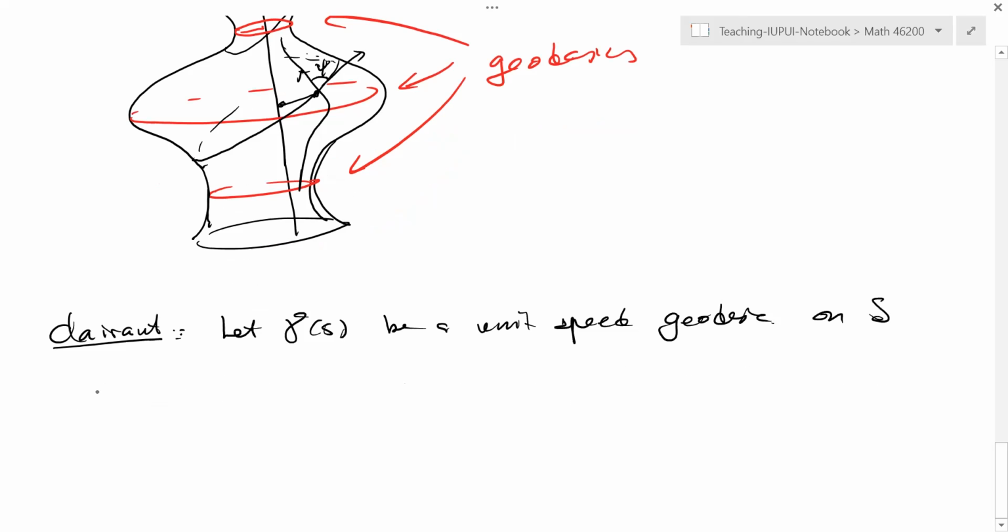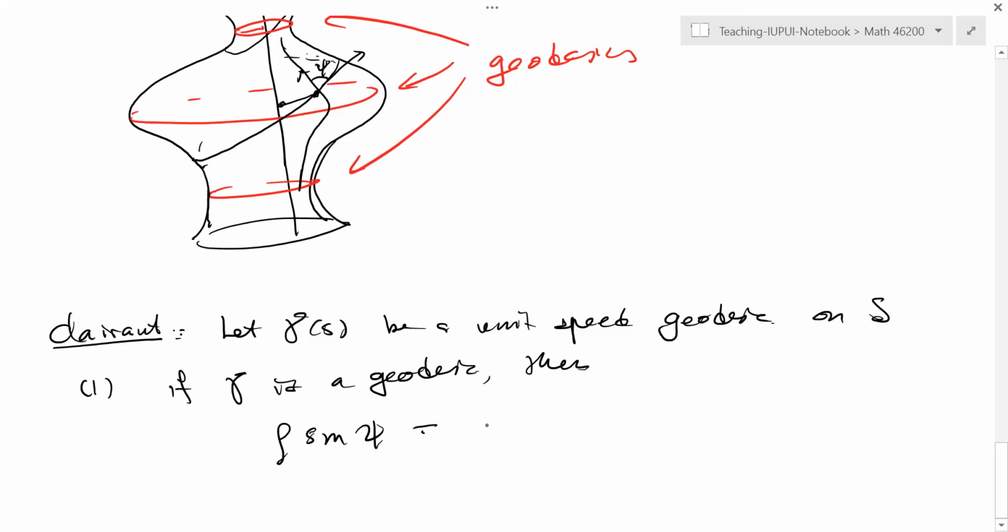The first statement is, if gamma is a geodesic, then rho times sine phi must be a constant. So the geodesic cannot be arbitrary.